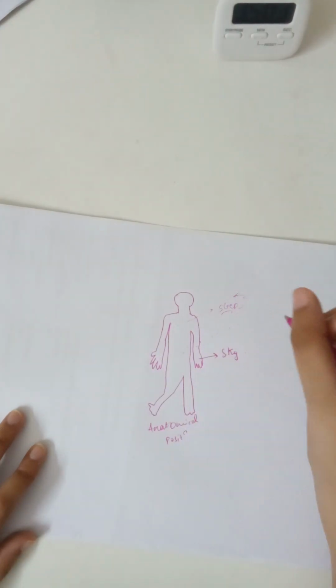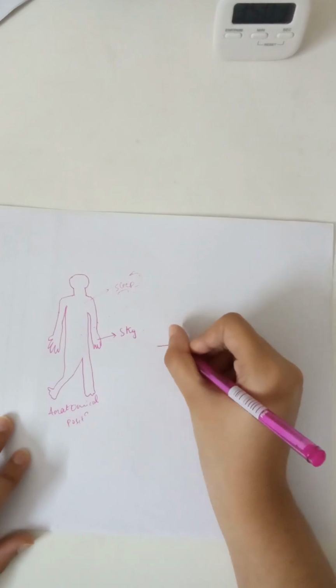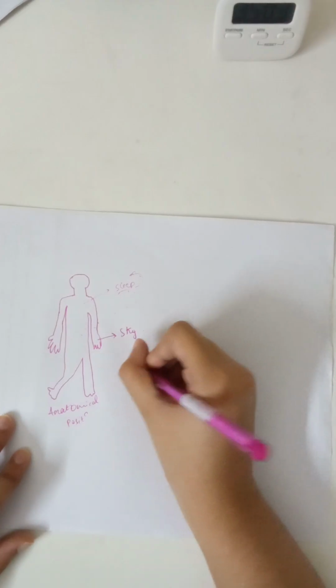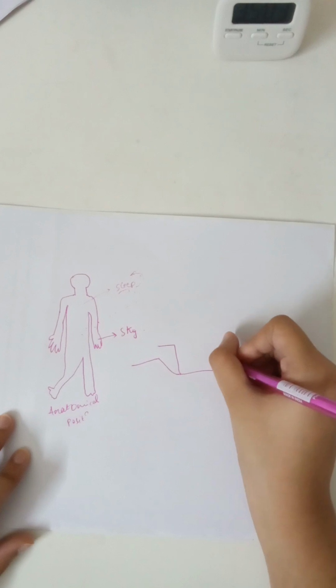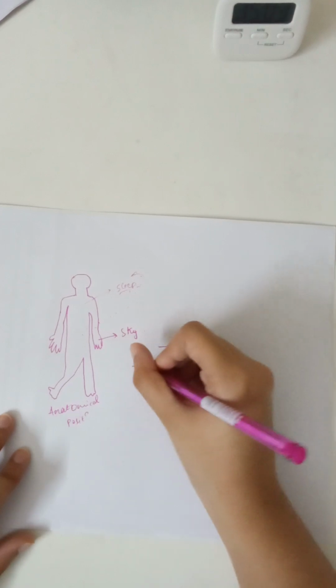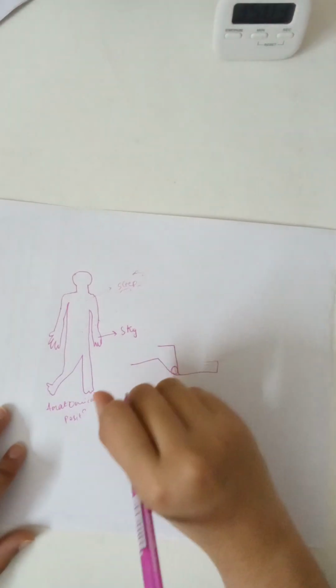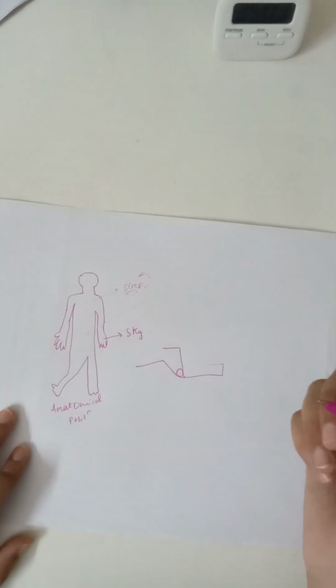And lithotomy position. Lithotomy position is when the patient lifts both legs and lies like this, exposing the perineum. It is used in OBGY examinations.